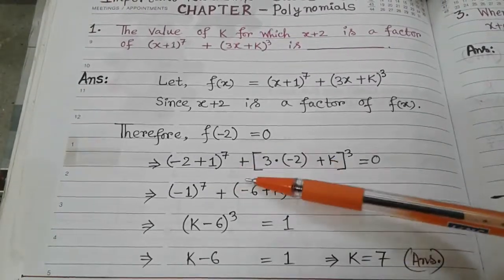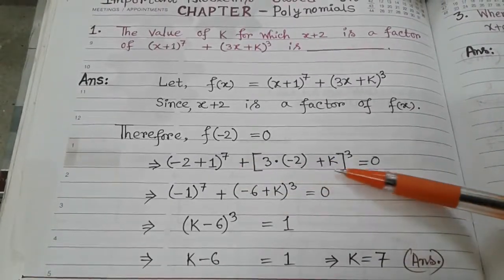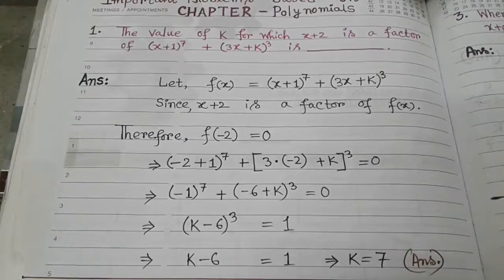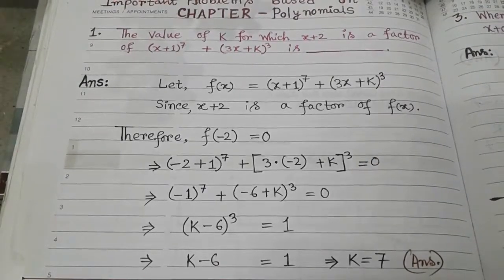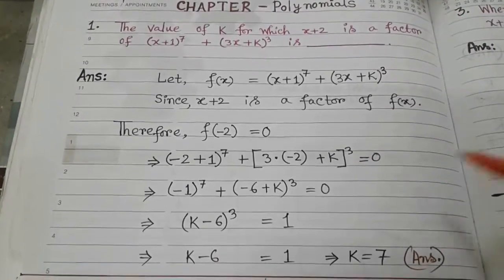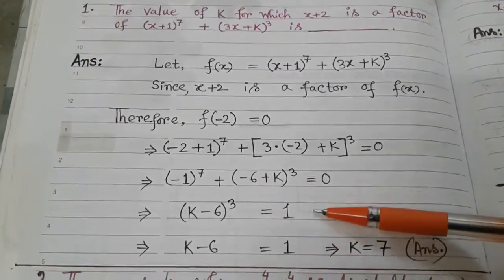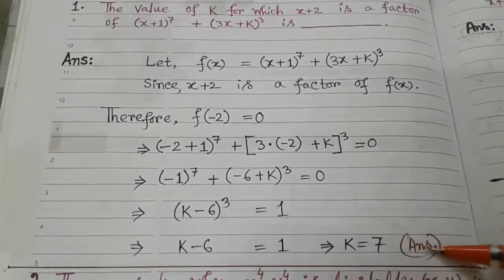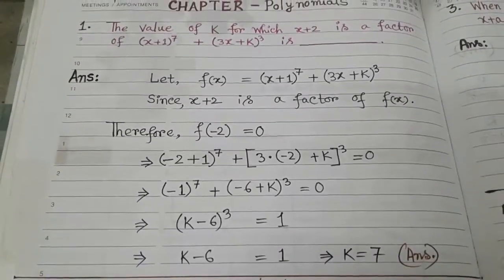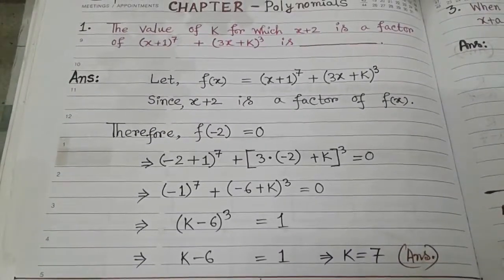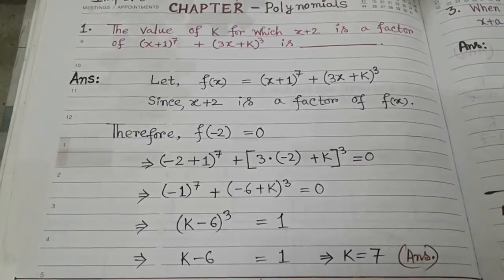(Minus 2 plus 1) to the power 7 plus (3 into minus 2 plus k) to the power 3 is equal to 0, and from this we get (k minus 6) whole cube is equal to 1, k minus 6 is equal to 1, therefore k is equal to 7. So you will get the value of k.